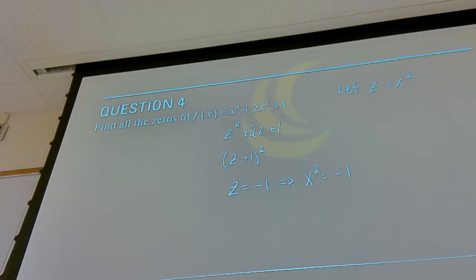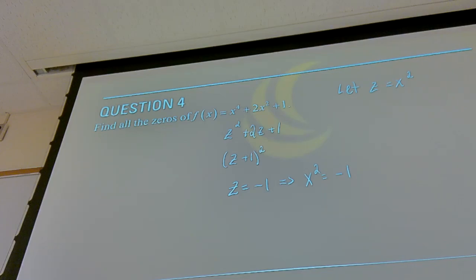If x squared is -1, what's x? x would be the square root of -1, which is i, right? Plus or minus i.